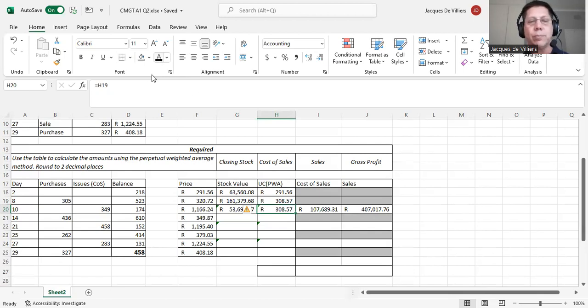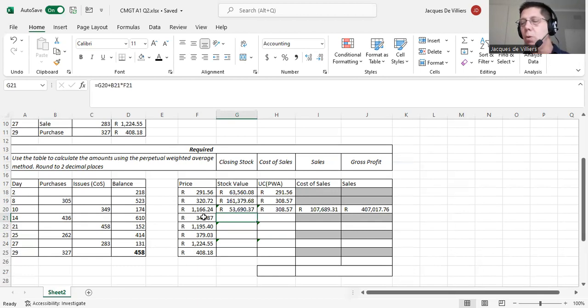Okay, so then we make a purchase again on the 14th, and we purchase 436 units at a price of 349.87. Okay. So what do we do? We take our existing stock value, the 53,690, and to that we add 436 multiplied by 349.